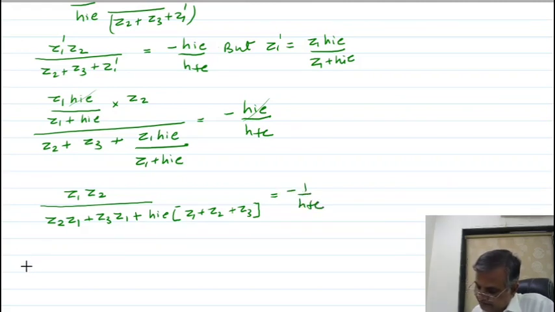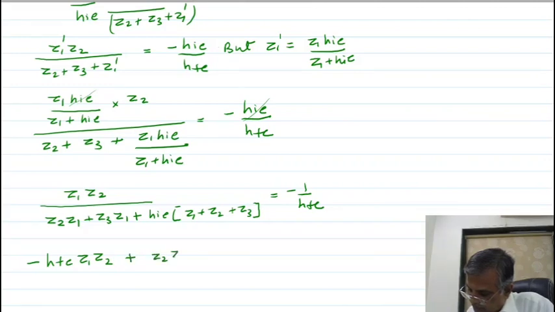Or I can write this is minus hfe into Z1 Z2 plus Z2 Z1 plus Z3 Z1 plus hie into Z1 plus Z2 plus Z3 should be 0.